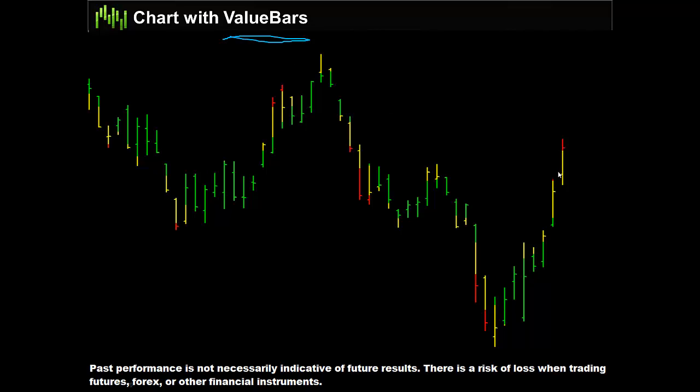Not only do we see the price and the time, but we can also see that prices in this area are significantly overvalued. Prices in this area, moderately overvalued. Prices in this area, fair value. Down here, prices are moderately undervalued, and prices down here, significantly undervalued. So easy to see, 2 sets of information on 1 chart.